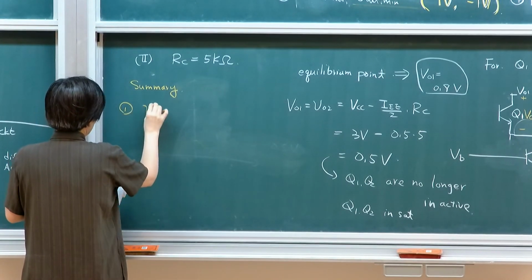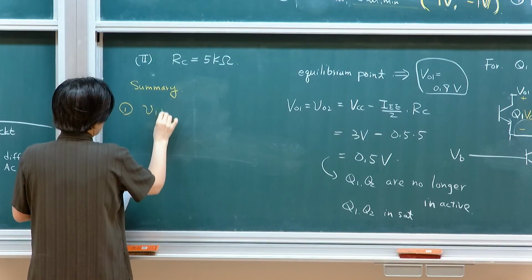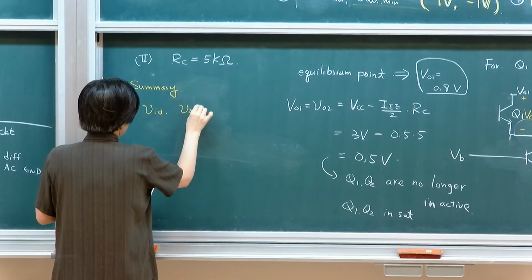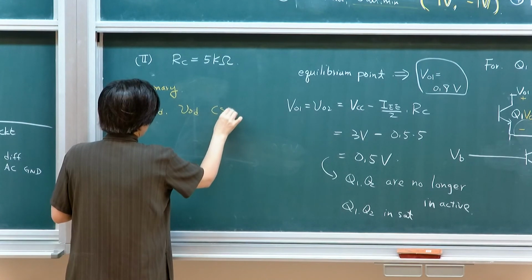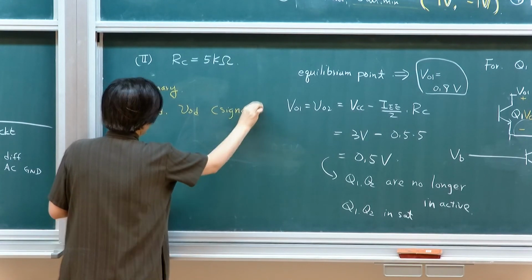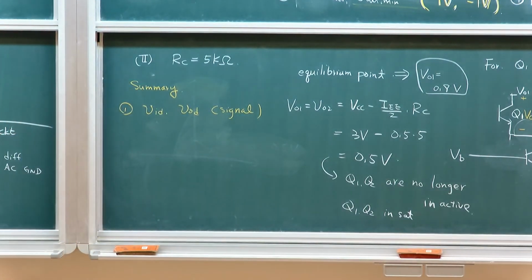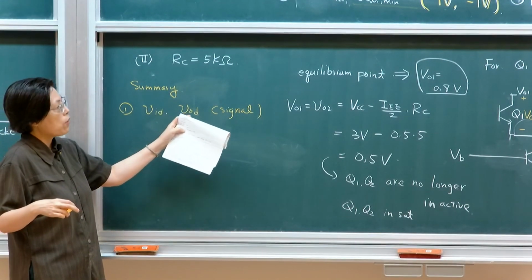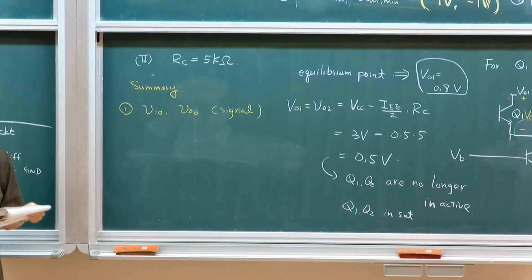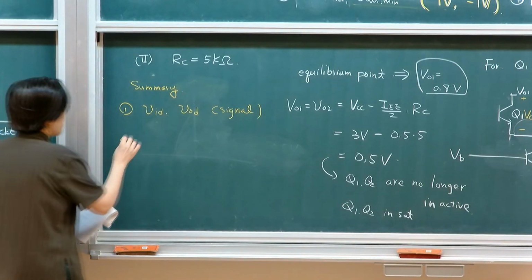One is that you have differential signals, either VID or VOD, which is mostly what we want for signals. We want the signal to come in differentially. Your output can be either differential or single ended, but for fully differential architecture, you want differential signal in and differential signal out, to keep your signal most clean.